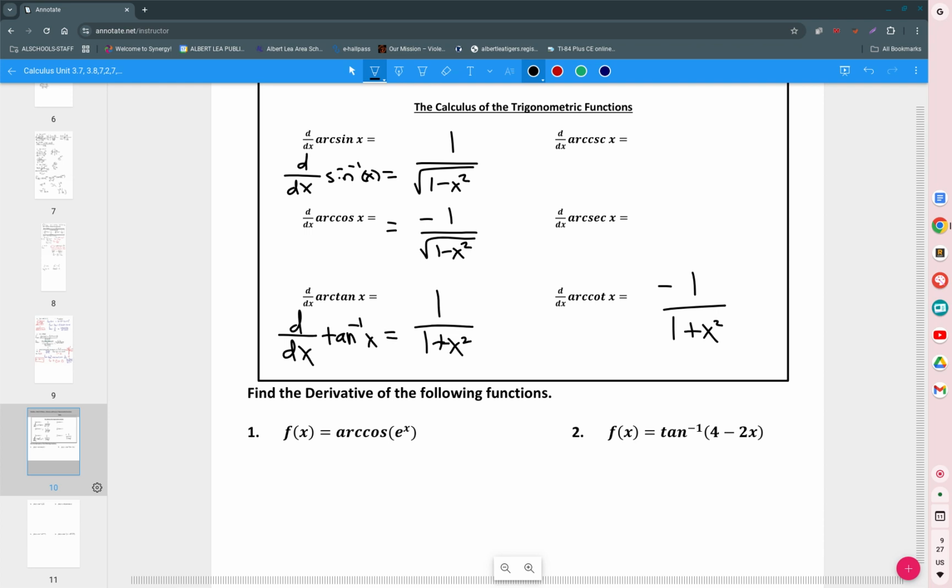The derivative of arc secant, so the derivative of secant inverse of x is equal to 1 over x times the root of x squared minus 1. And then the derivative of arc cosecant is the same thing, just negative.